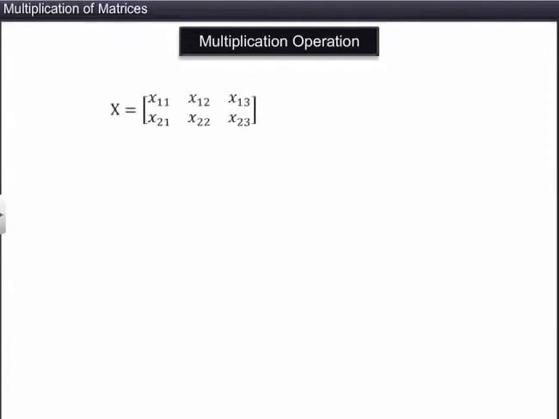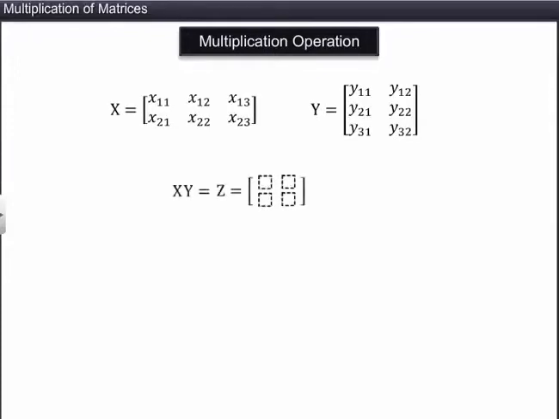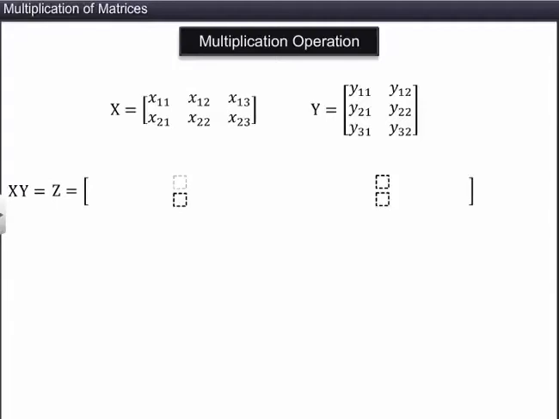We have two matrices X and Y. Let the resulting matrix of the multiplication of these matrices be Z. We will first multiply the elements in the first row of X to the corresponding elements in the first column of Y. We will write the sum of the products of the elements as shown.